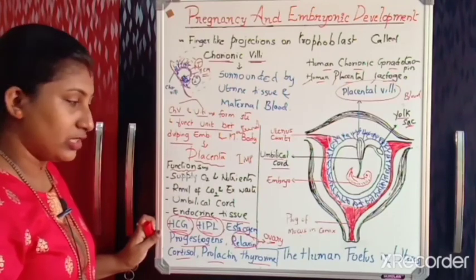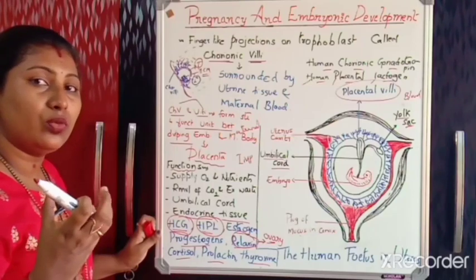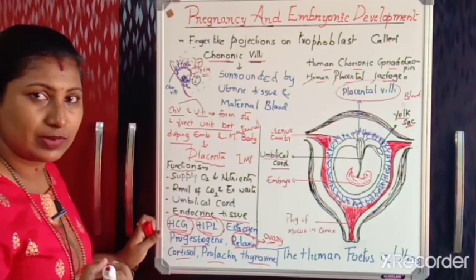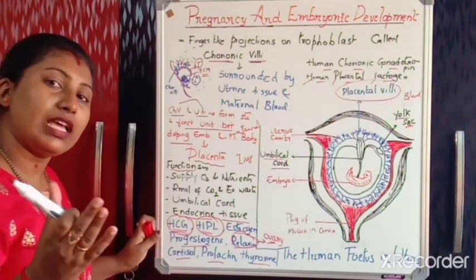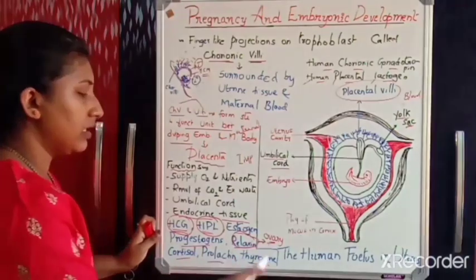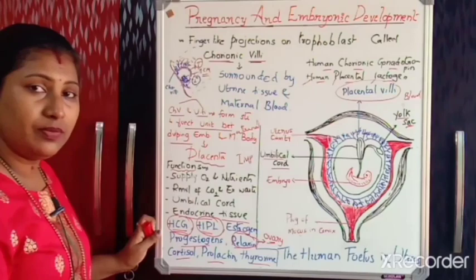Why later stages? After delivery, the uterine muscle, which has undergone vigorous contraction, has to relax. For that, this relaxing hormone is important, and it is secreted by the ovary.